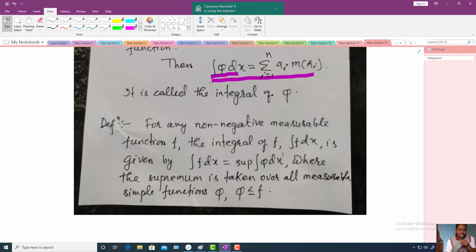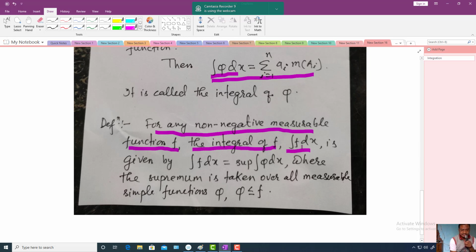For any non-negative measurable function f, the integral of f, denoted by integration f dx, is given by the supremum of the integrals of simple measurable functions, which you already know how to find.